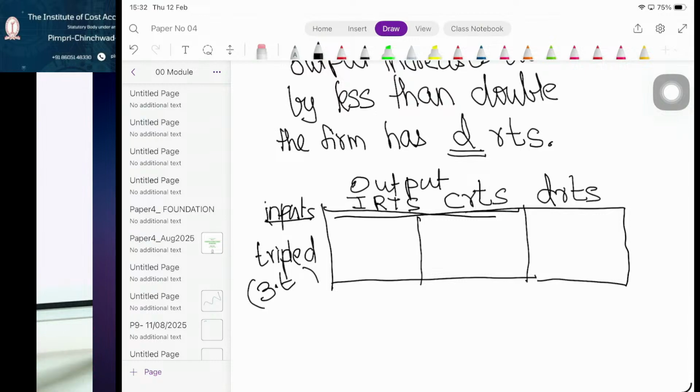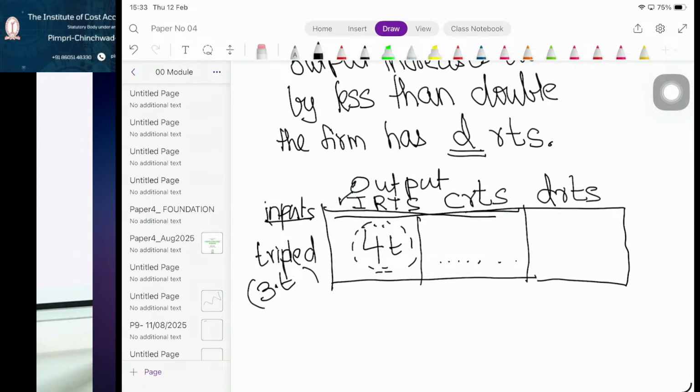Yes, very good. I got one number as 4. That's perfectly fine. Because if inputs increase 3 times and output increases by 4 times, then it's consistent with the firm experiencing increasing returns to scale. Now this is the hint. Tell me what would be the only number which will work for constant returns to scale.